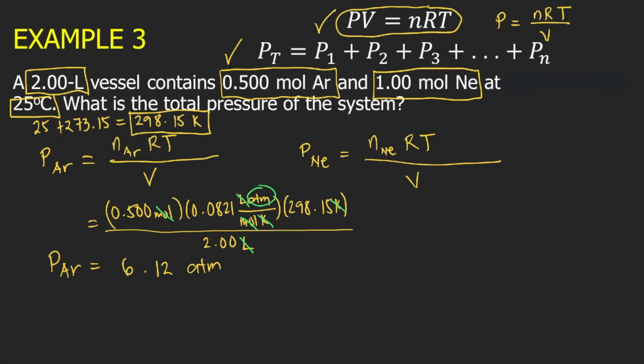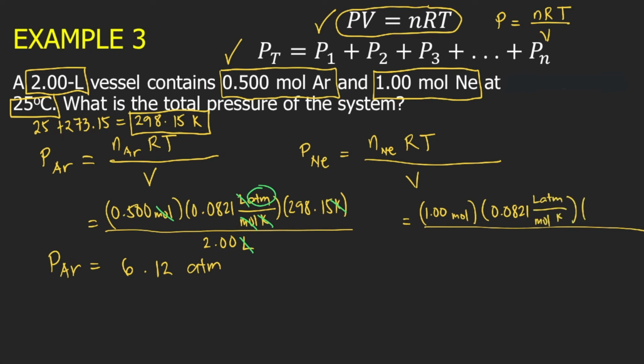Now let's move on to the partial pressure of neon. So we will be doing the same thing. So this one is equal to the moles of neon, which according to the problem is 1 mole. The value of R is 0.0821 liter atmosphere per mole Kelvin.